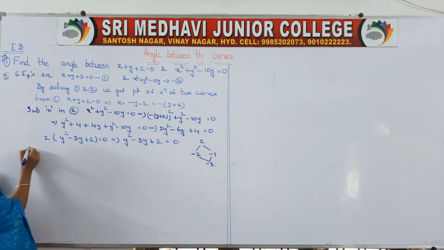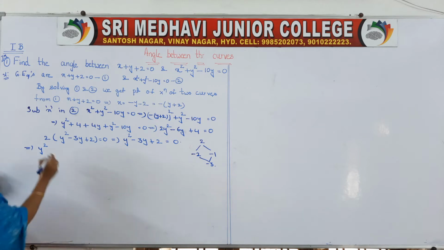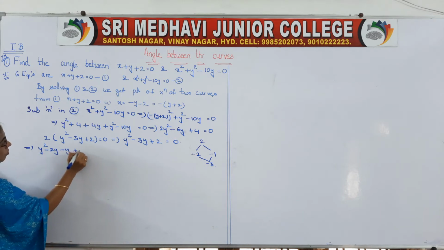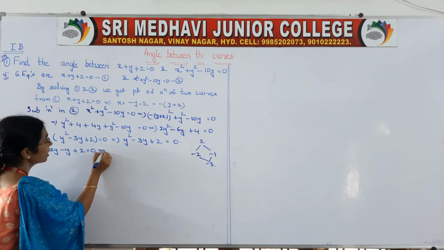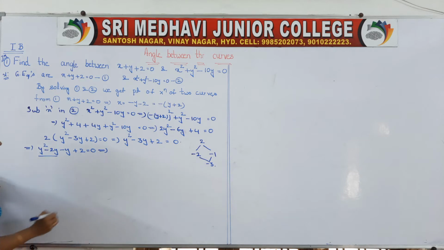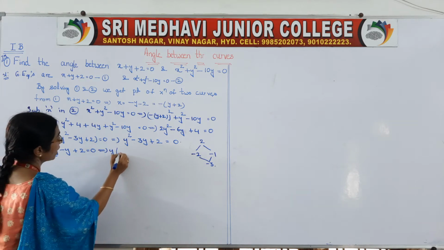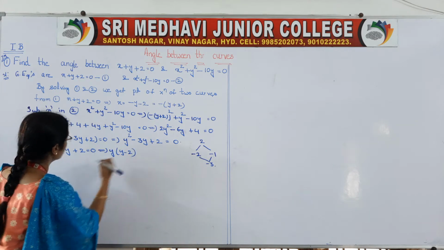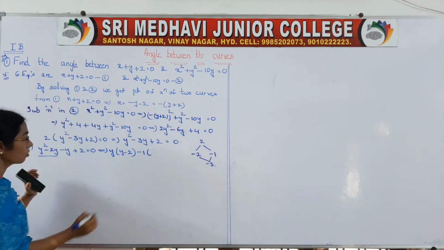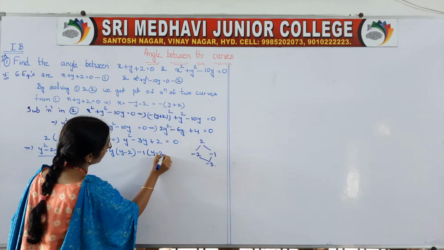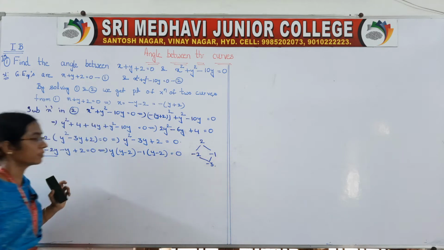So we can write this as y square minus 2y minus y plus 2 is equal to 0. From the first two terms you take y outside, that is y into (y minus 2), and from the last two you take minus 1 outside, it is (y minus 2) is equal to 0.